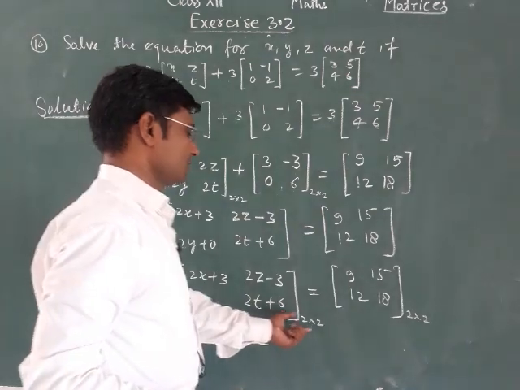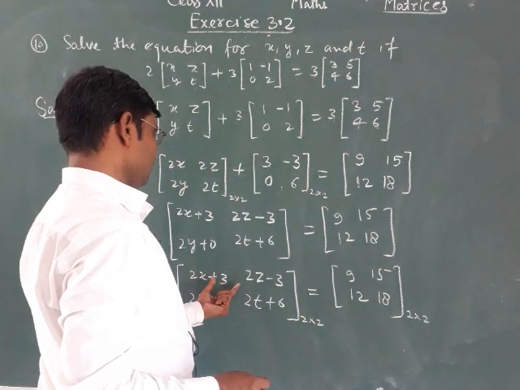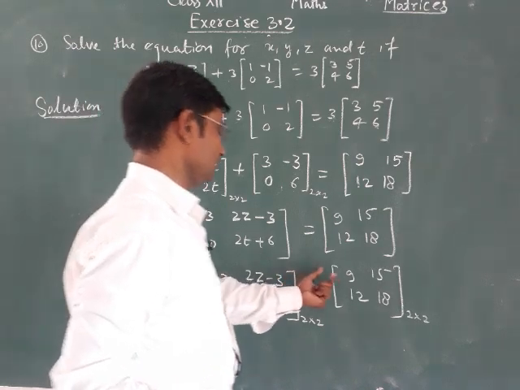If the orders are the same, then by equality of matrices, corresponding elements are equal.